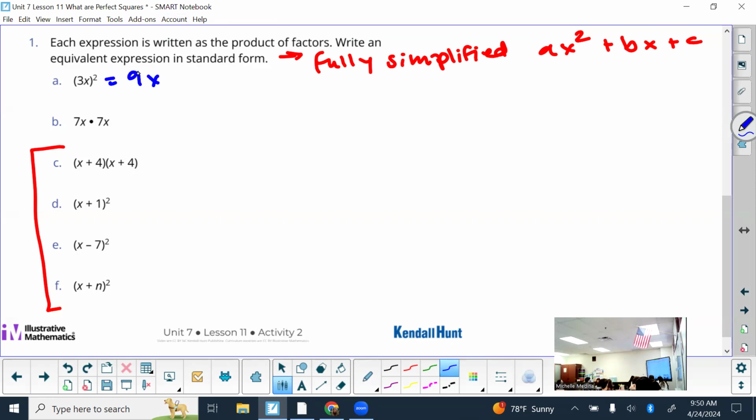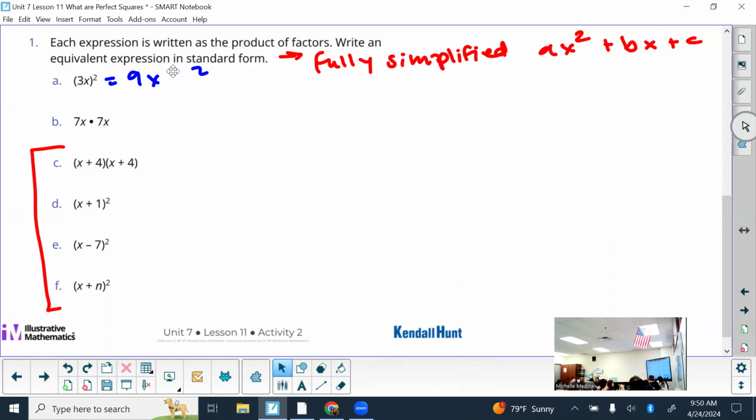Okay, class, we agree? This is just multiplying, so I don't know why I don't have more people answering me right now. Is this correct? Does this equal 9x? It should be 9x squared.